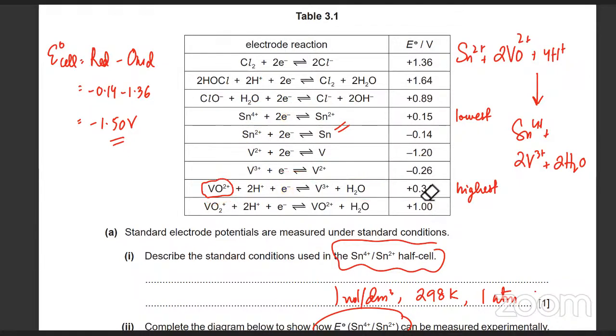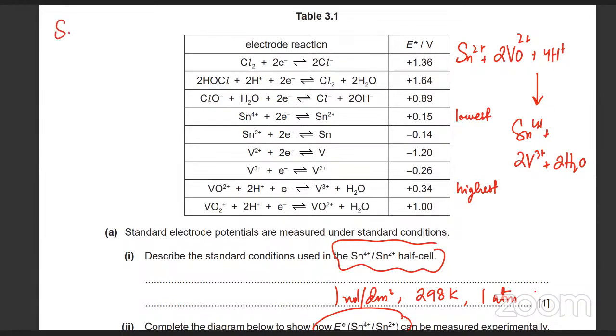Now remember the rule: the first thing is to mark all the reactants. So these are the steps. He was asking for a reaction between Sn2 plus and VO2 plus, right? So I went and marked wherever I saw Sn2 plus.